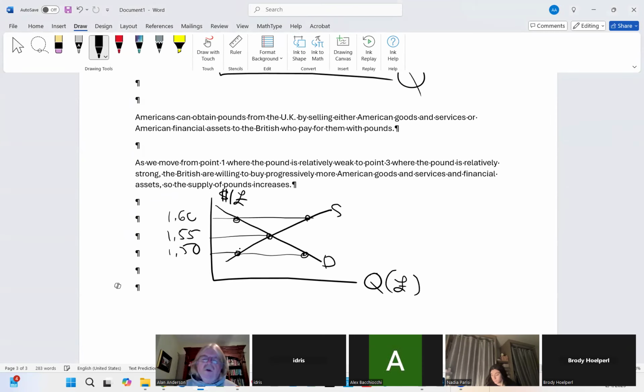Okay, so what I wanted you to see here is that they cross. Let's label these 1, 2, 3, 4, and 5.